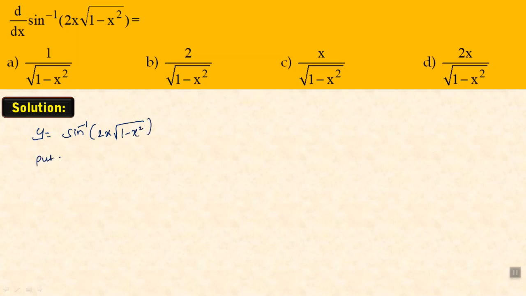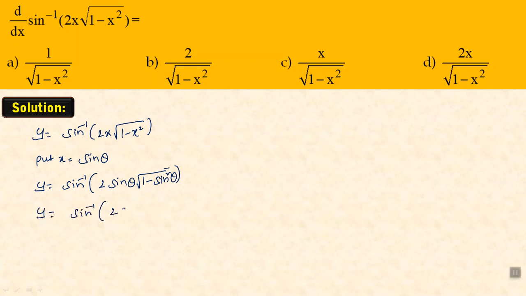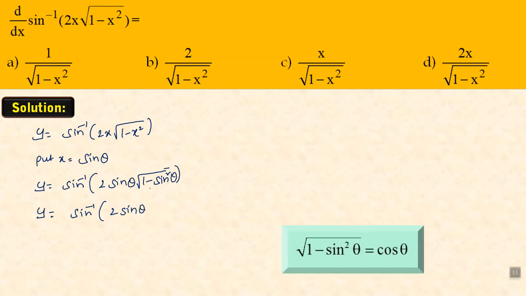Here put x is equals to sine theta. Now y is equals to sine inverse of 2 into sine theta into square root of 1 minus x square, that is sine square theta. Y is equals to sine inverse of 2 sine theta into, we know that root of 1 minus sine square theta is equals to cos theta.